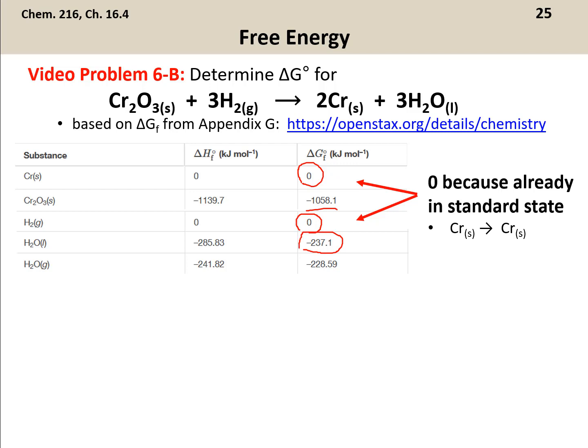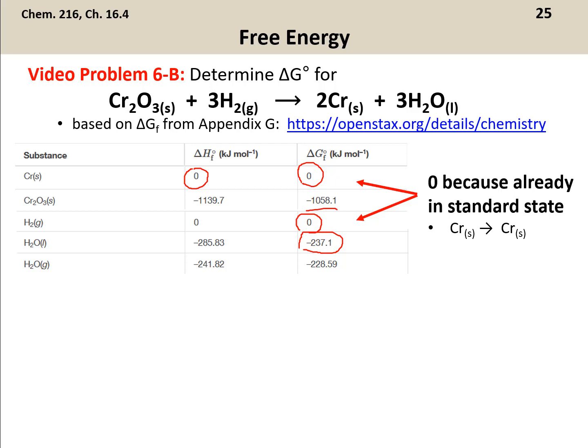Well, why is it that delta GF is 0 for chromium and for H2? That's because of the same reason that delta HF is 0. Remember, heats of formation and Gibbs free energy of formation are always forming that chromium from its constituent elements.